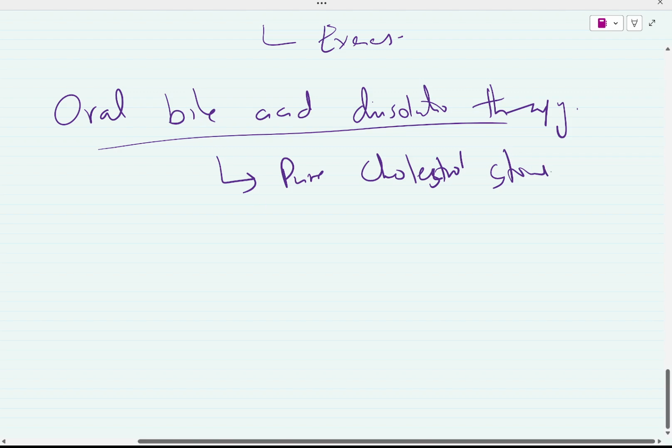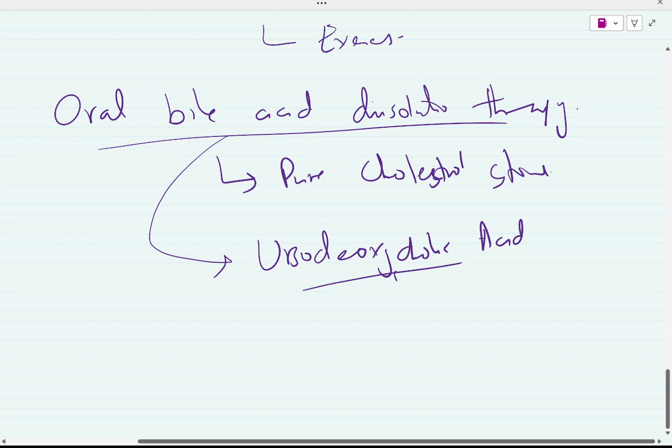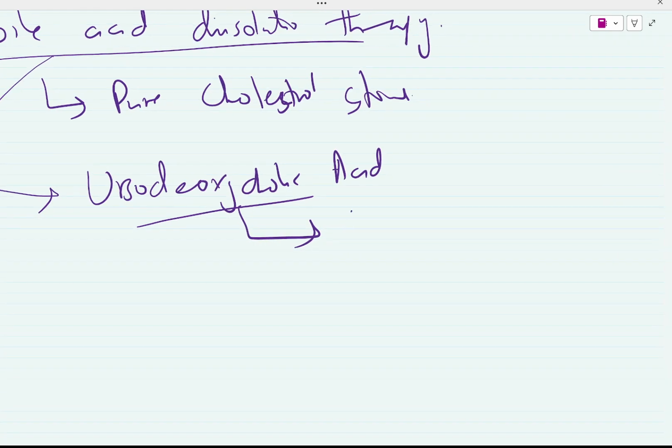We can give oral bile acid dissolution therapy. It includes a drug called ursodeoxycholic acid. We are going to give it for 6 to 24 months.